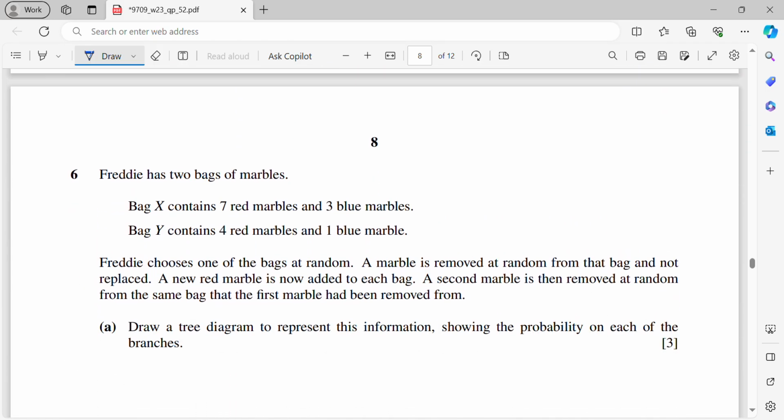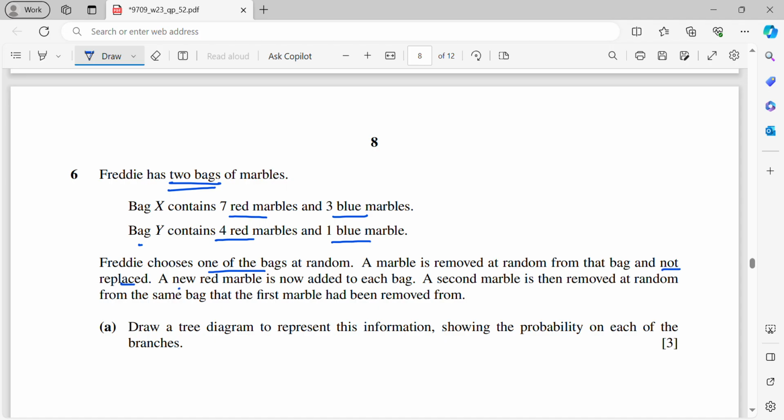So now, question number 6. Freddy has 2 bags of marbles. Bag X contains 7 red marbles and 3 blue marbles. Bag Y contains 4 red and 1 blue marble. So 2 bags here. Now, Freddy chooses one of the bags at random. A marble is removed at random from the bag and not replaced.